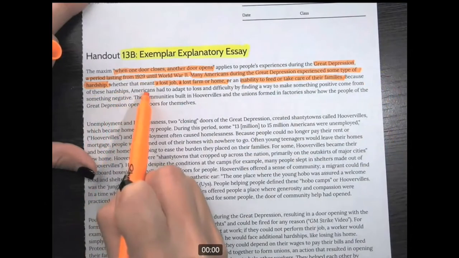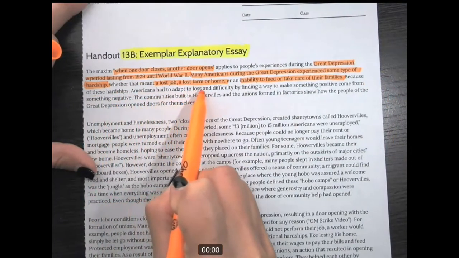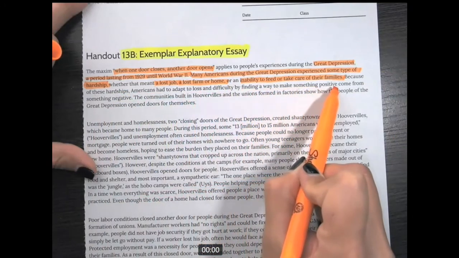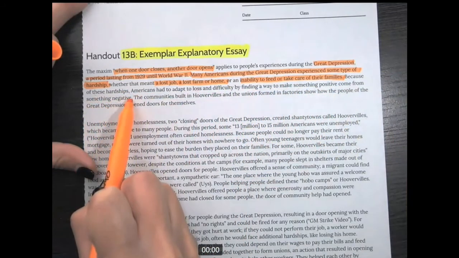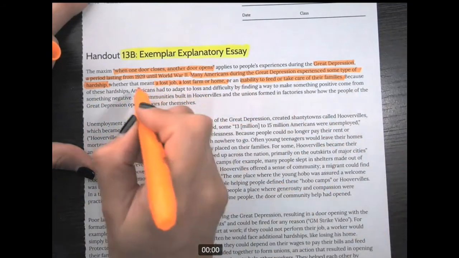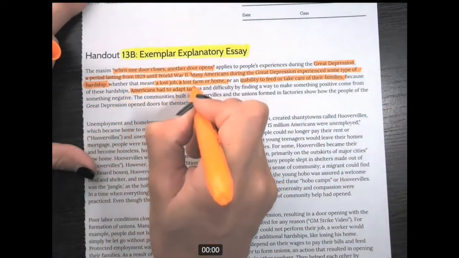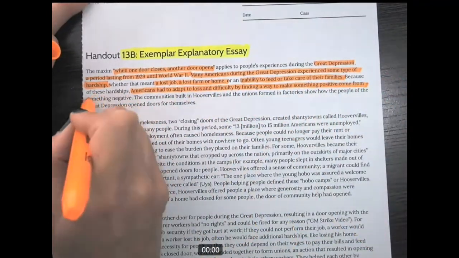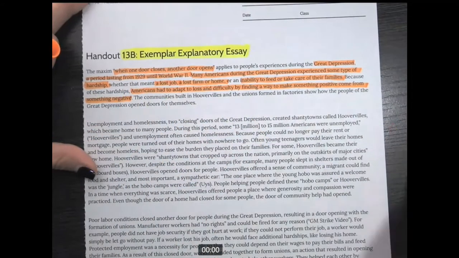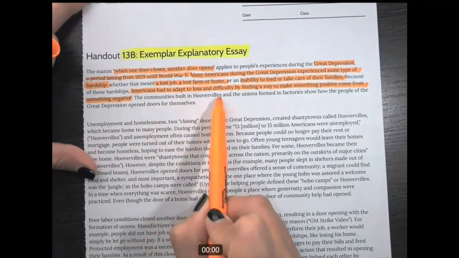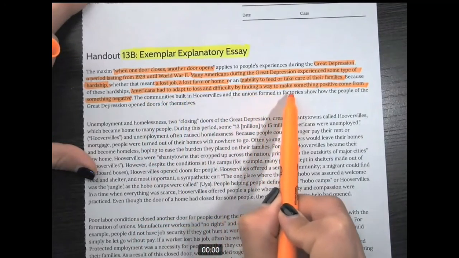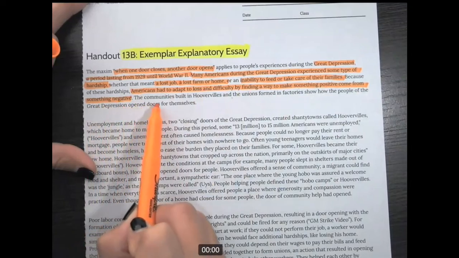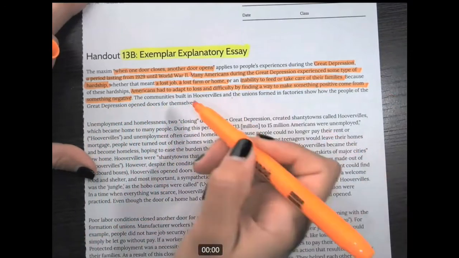Because of this hardship, Americans had to adapt to loss and difficulty by finding a way to make something positive come from something negative. The communities built in Hoovervilles and the unions formed in factories showed how the people of the Great Depression opened doors for themselves.